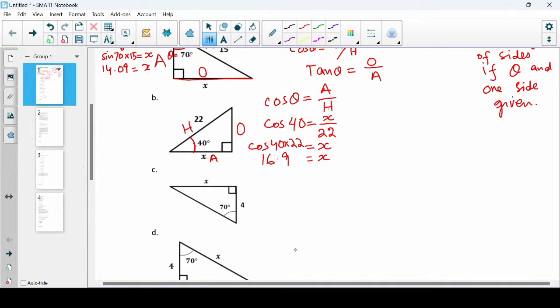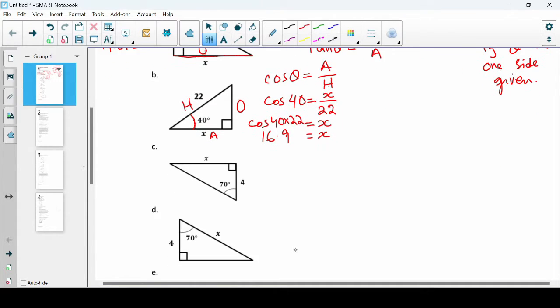Now we try to solve the next question, and in this question we have been given this angle 70, right? So the 70 angle is here, this is the opposite, we have to find the opposite, and we have been given the adjacent, right? So opposite and adjacent. First we should use the formula in which angle and opposite and adjacent are used.